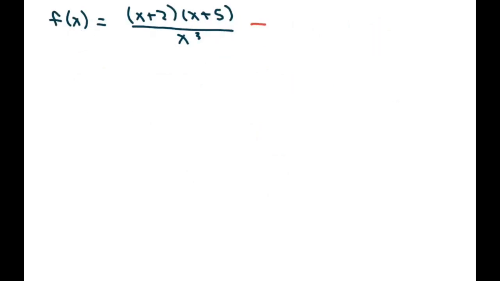So the first thing I want to do is to condense my factors in the numerator. So that's going to be x squared plus 7x plus 10. And the next thing I want to do is put my x cubed under each piece. And then use my properties of exponents to rewrite this.